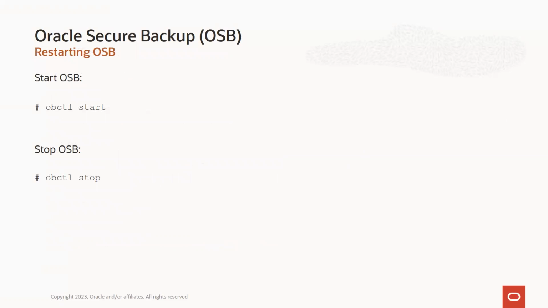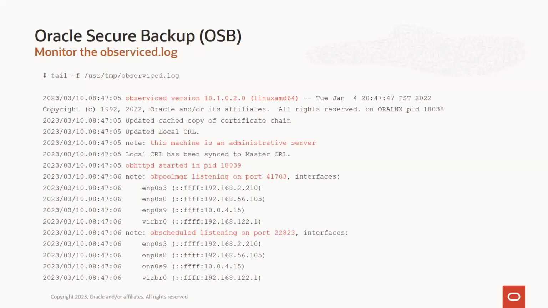You can restart OSB by running obctl start at the OS as root, and you can also stop OSB by running obctl stop. To monitor the OSB, you can tail this particular file, /usr/tmp/observiced.log.